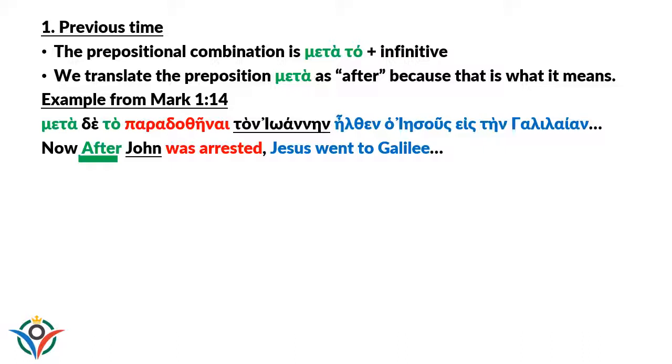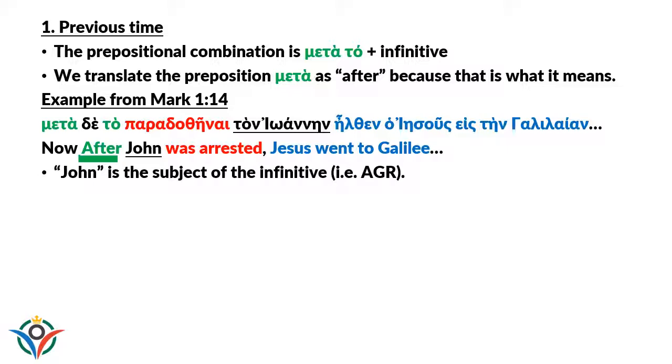But let's make some more observations here regarding Mark 1 verse 14 and what the infinitive is communicating to us. The first thing I want to point out is that John is the subject of the infinitive, i.e. the accusative of reference, because it is in the accusative case.